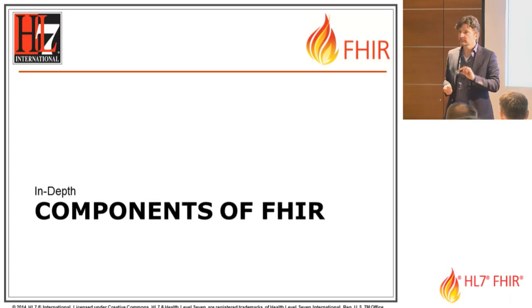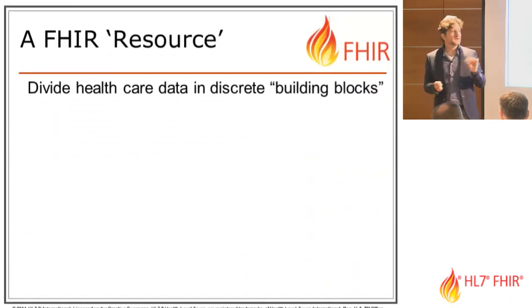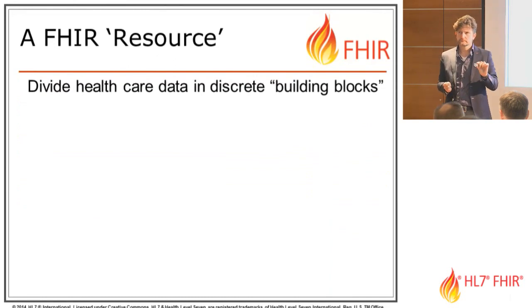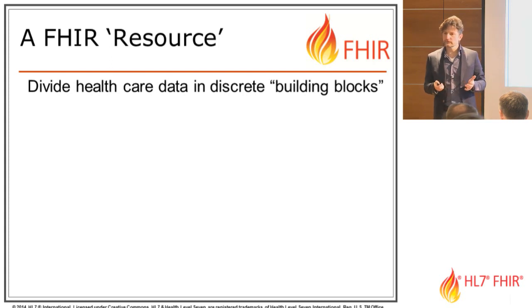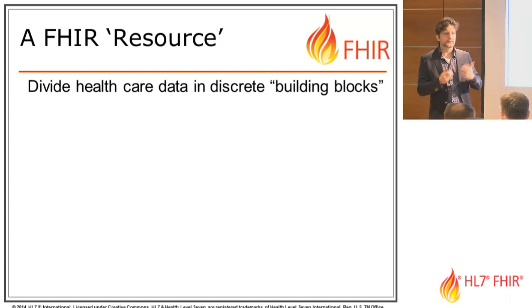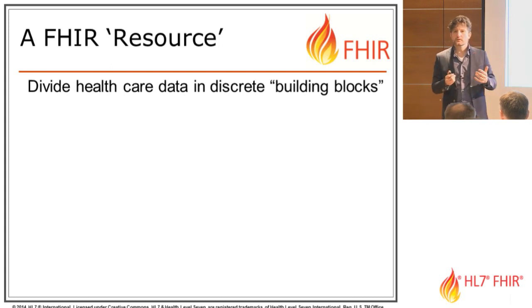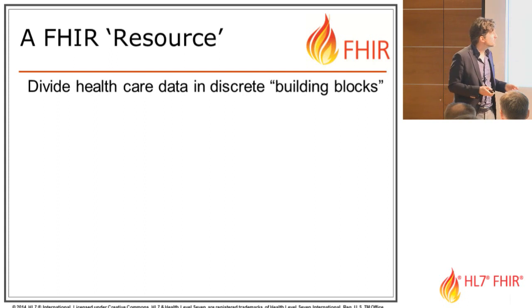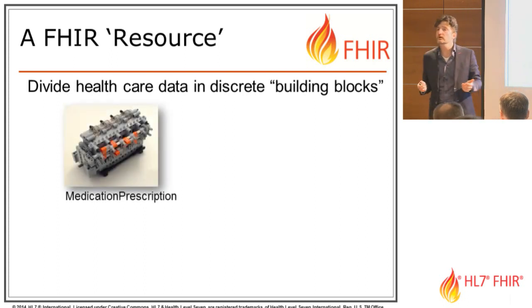The most important concept within FHIR is the resource. The resource is the smallest unit of interchange you can do in a FHIR REST API. One example of a resource is medication prescription, another is problem, and yet another one is patient.